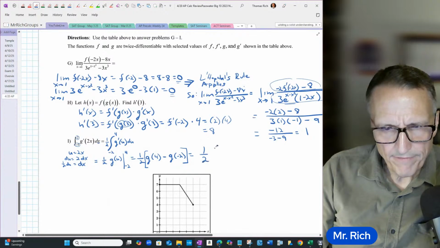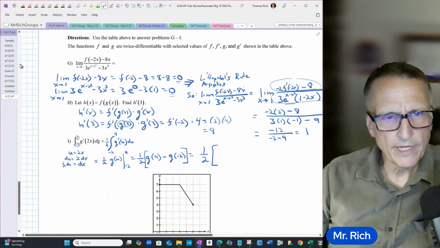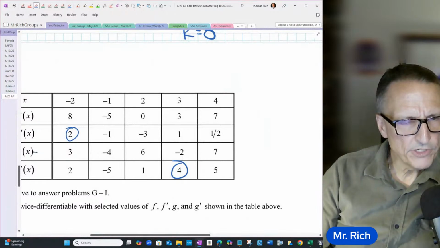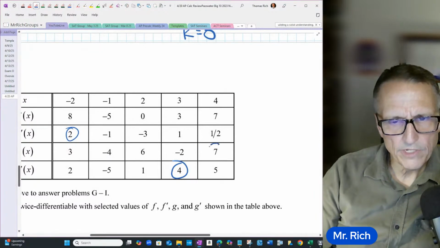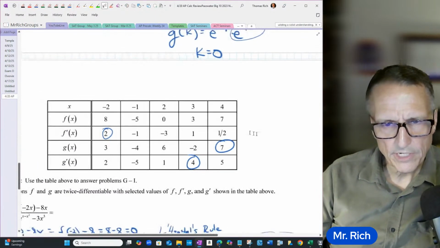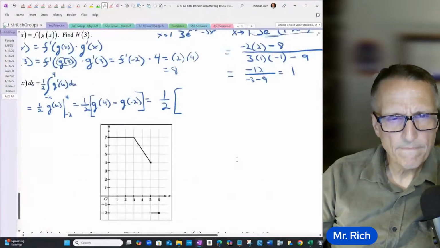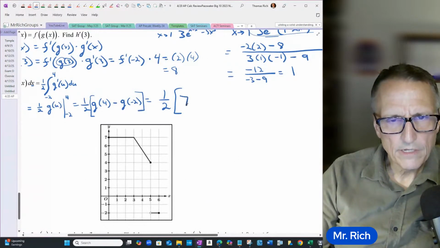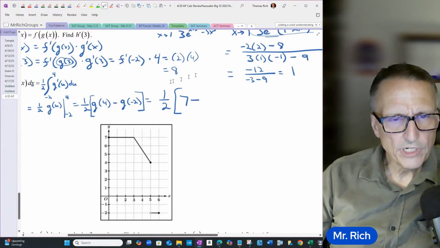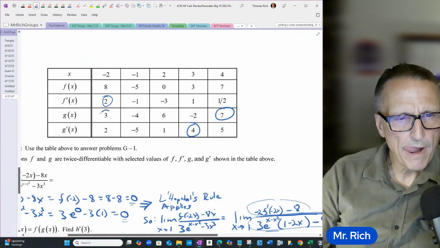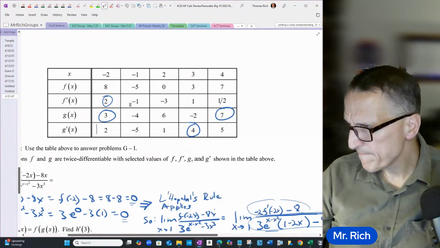There's our 1/2. We can go up to the table and get g of 4. Here's my g of x. G of 4 is a 7. So let's put that in there. And g of negative 2 is a 3.